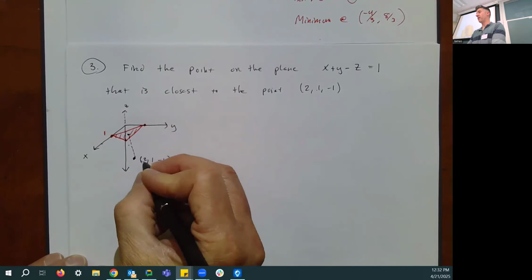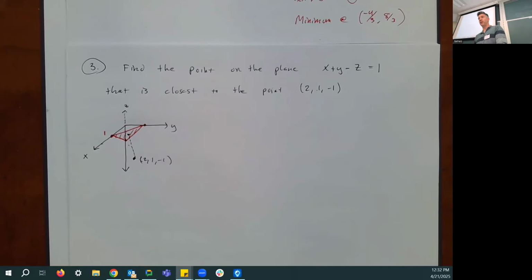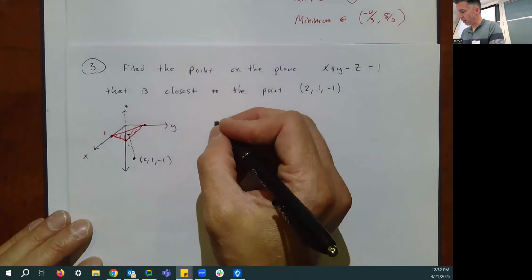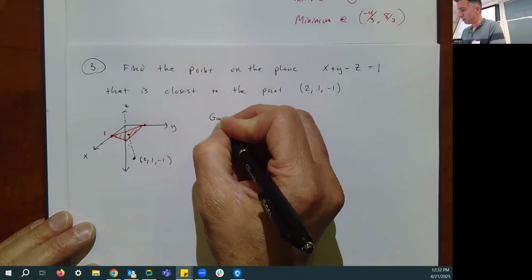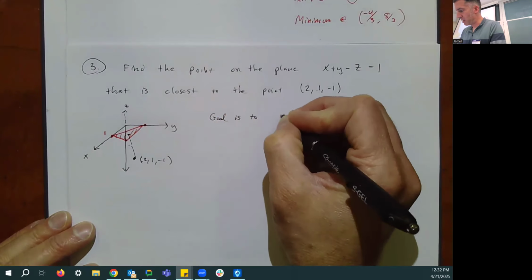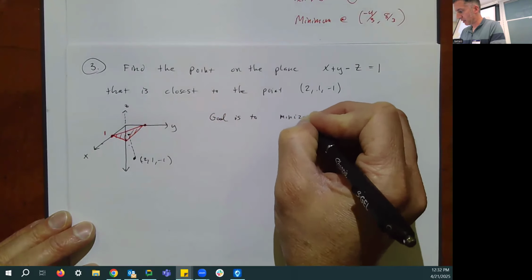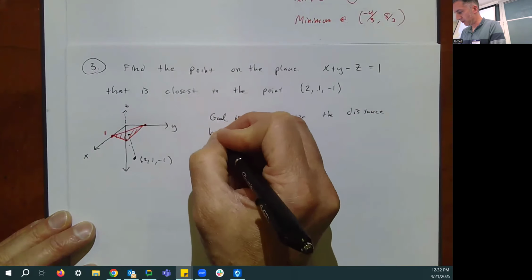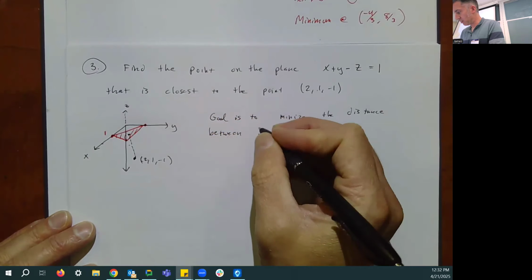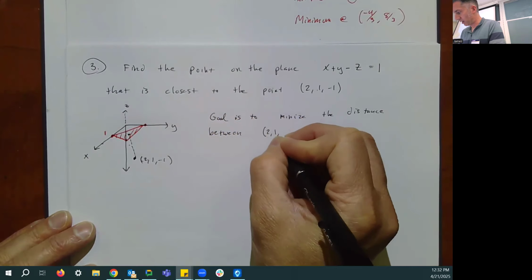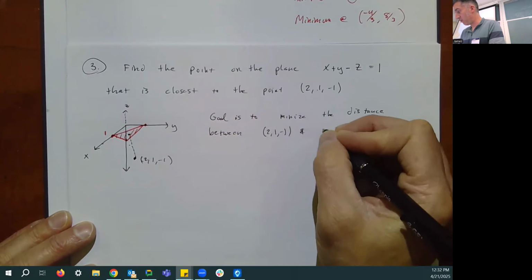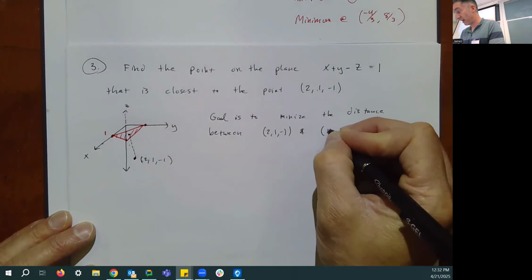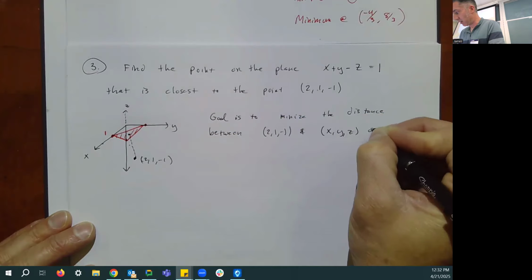Or phrased in a way that makes it so we can actually do something, we want to minimize the distance between the point and the plane. So our goal is to minimize the distance between the point (2, 1, -1) and some point that we don't know, let's call it (x, y, z), on the plane.